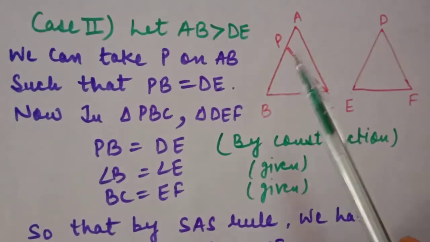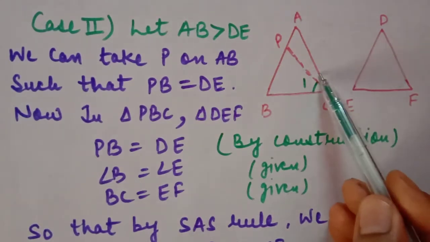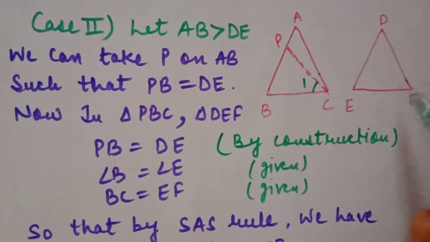If PBC and DEF are congruent to each other, then definitely angle 1 is equal to angle F by CPCT, corresponding parts of congruent triangles. But the complete angle C is equal to F, it is given. So it is a contradiction.